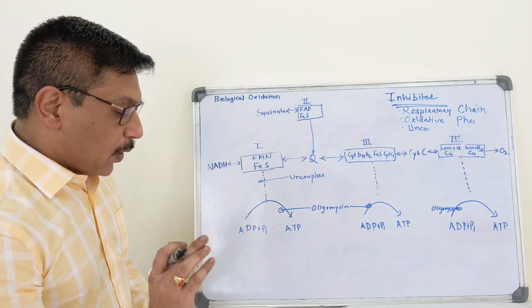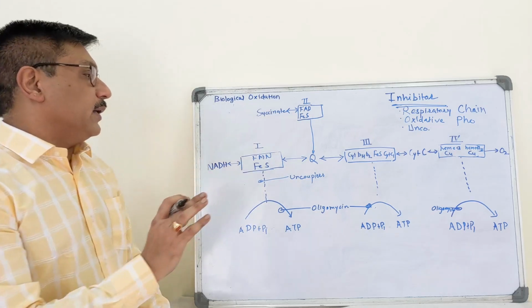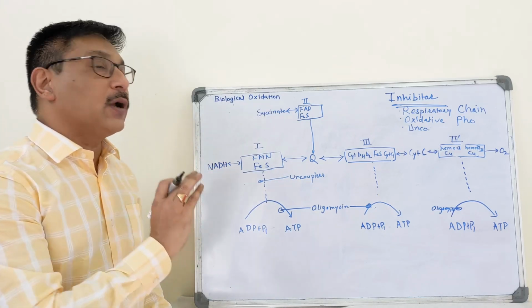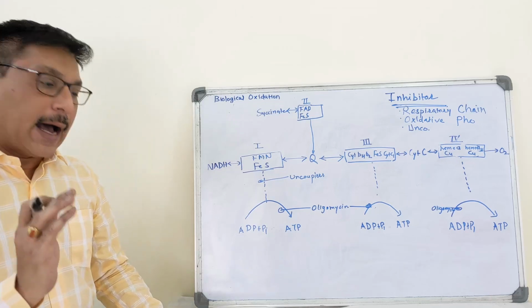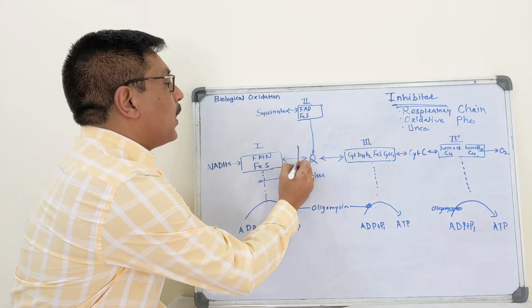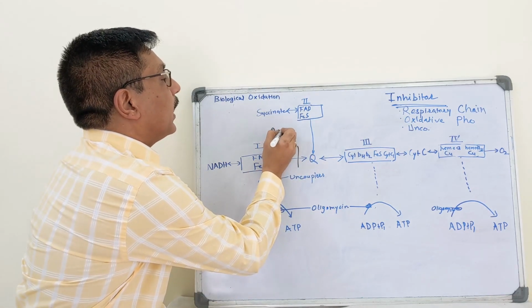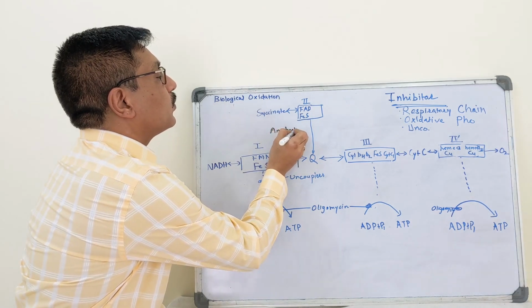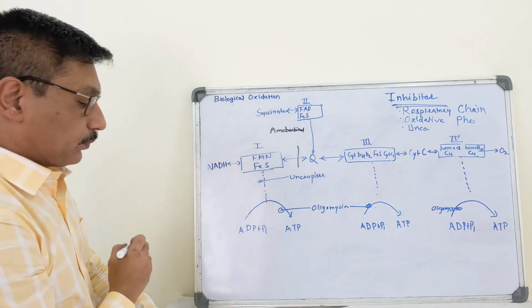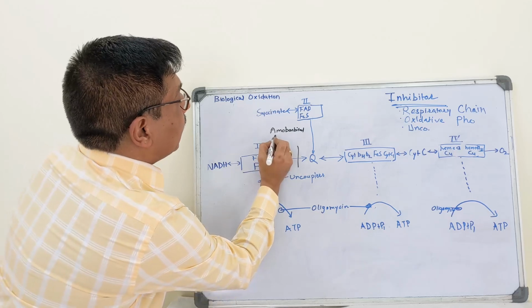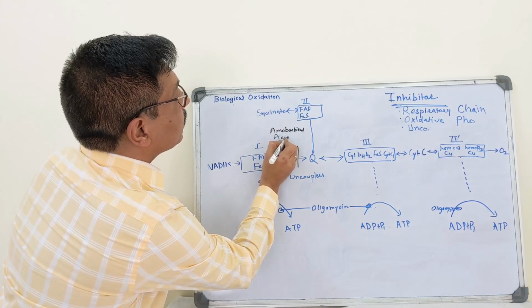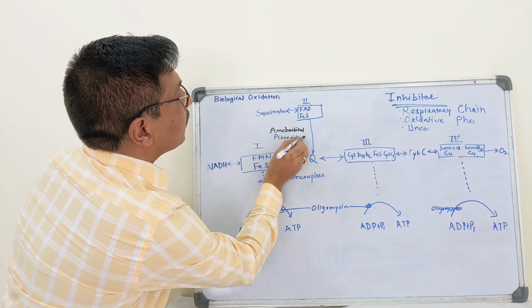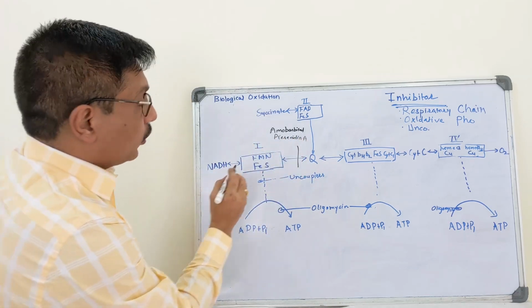The compounds that inhibit flow of electrons from complex 1 to coenzyme Q are amobarbital, piericidin A, and rotenone.